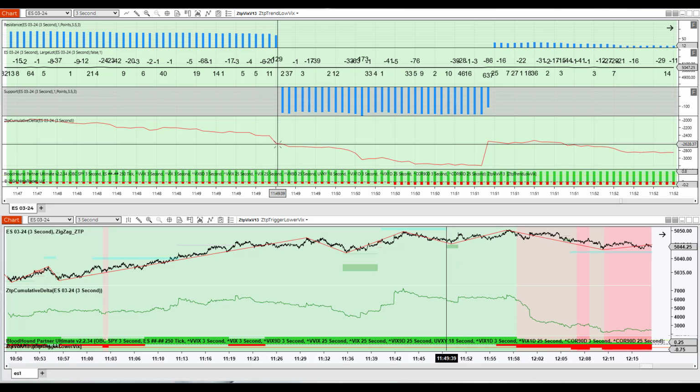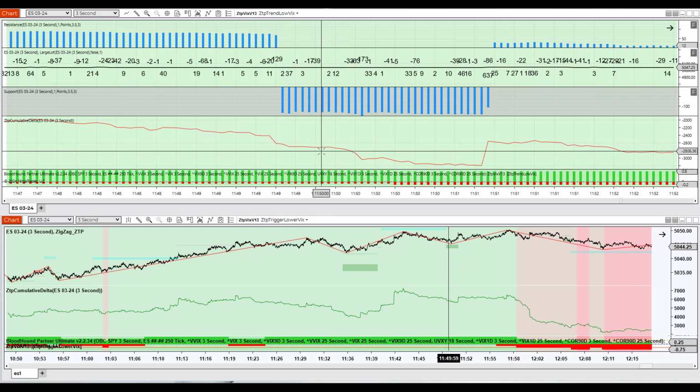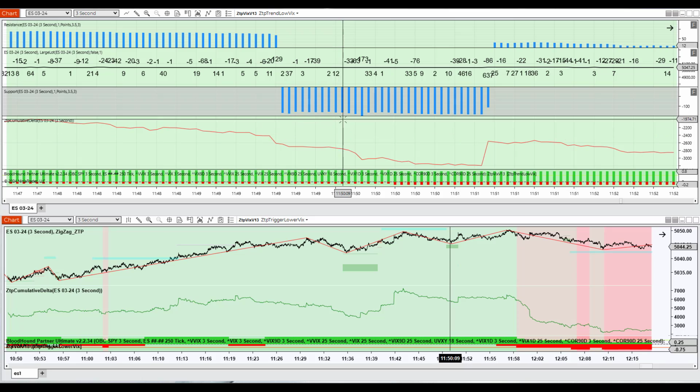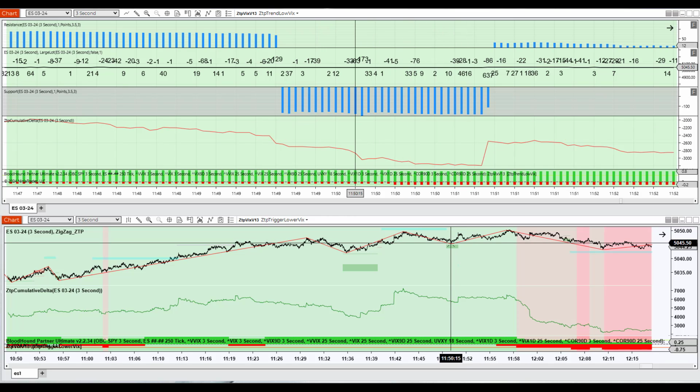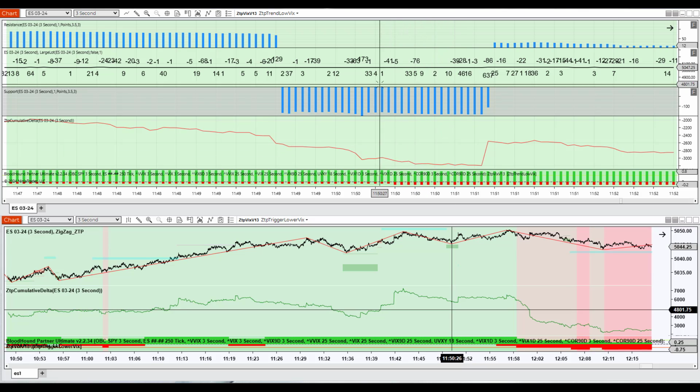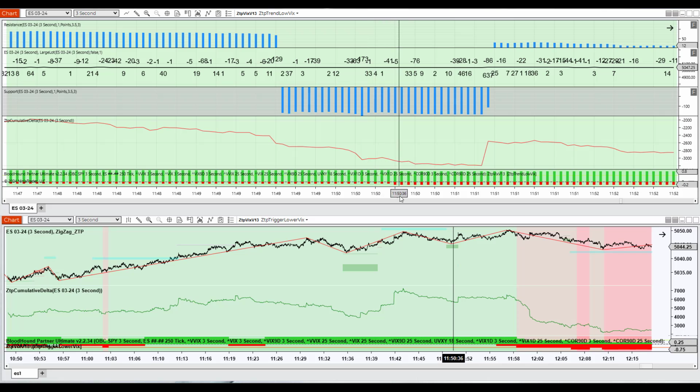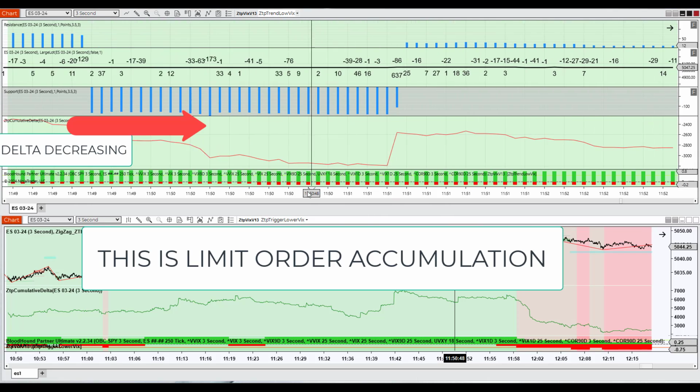I have set the cumulative delta. I've hidden the SPY, and I have the Bloodhound on the bottom here. And this represents this trend trade right here, as it would be going by tick for tick every 3 seconds.